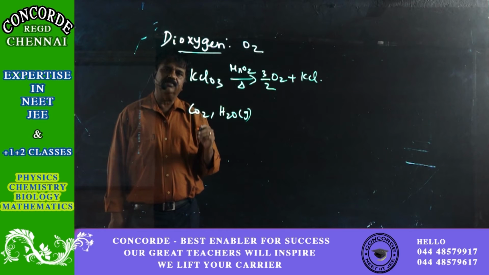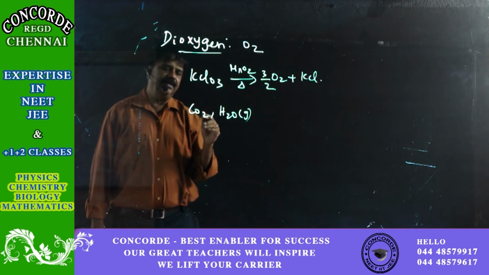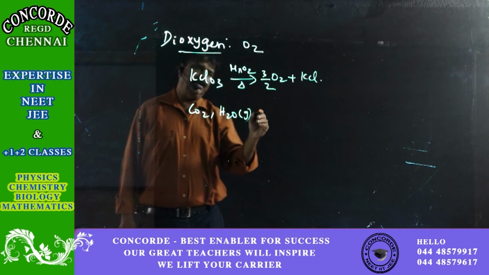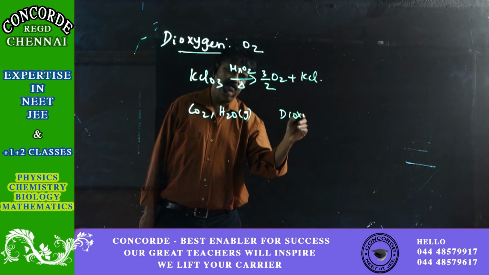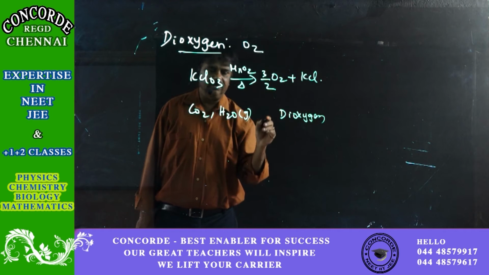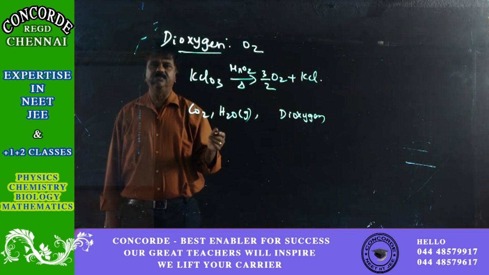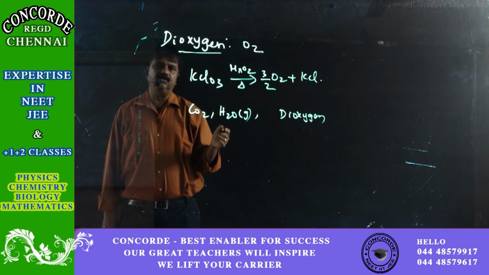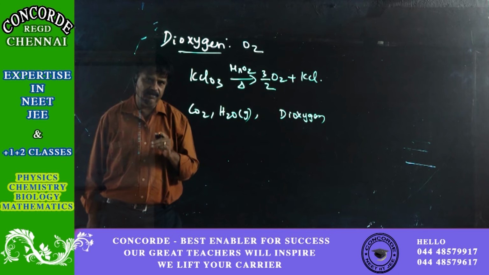This mixture of nitrogen and oxygen is liquefied and then fractionally distilled to get dinitrogen and dioxygen. As I have told, atmospheric air has nearly 20 to 21% dioxygen, which we get through liquefaction and fractional distillation to remove the dinitrogen.